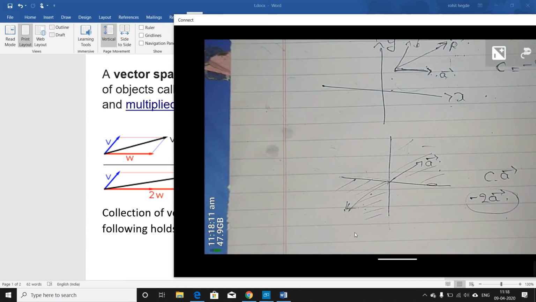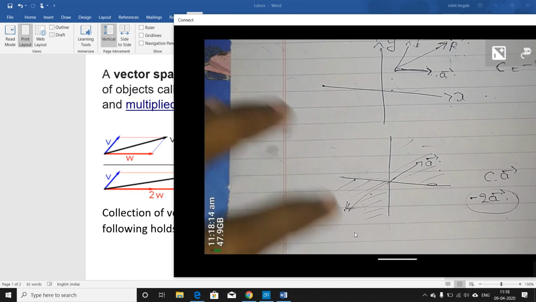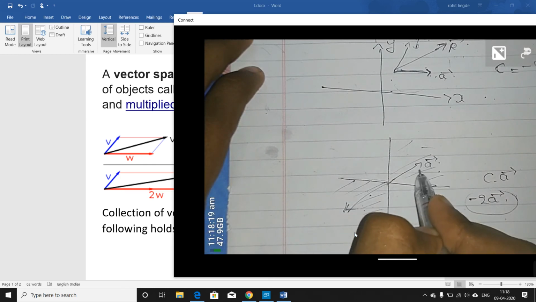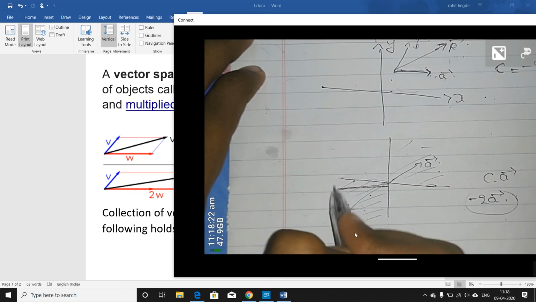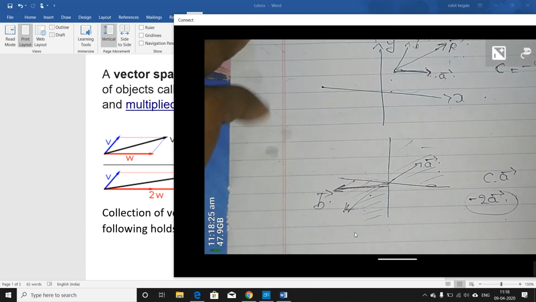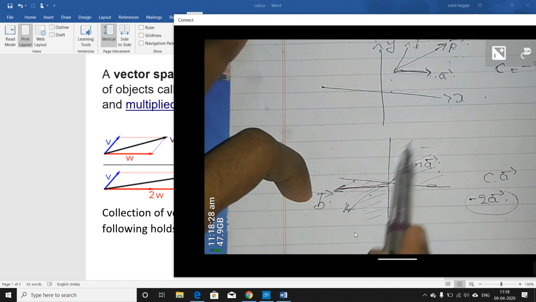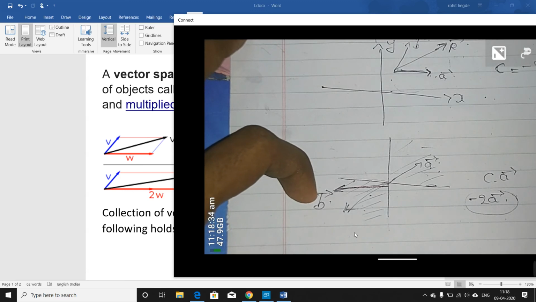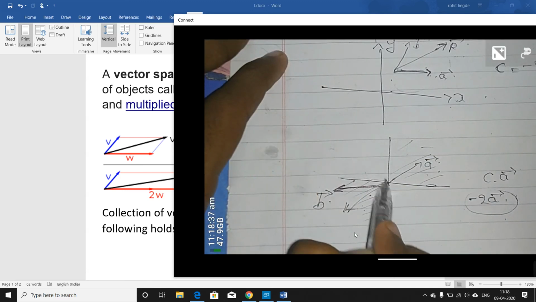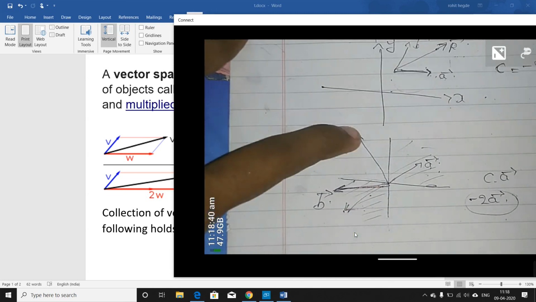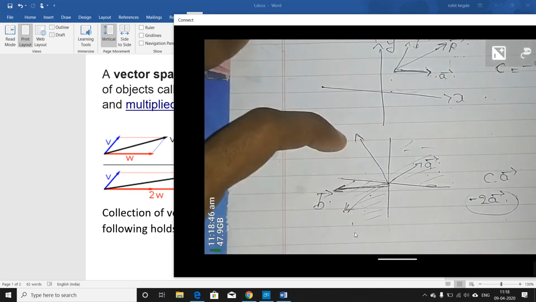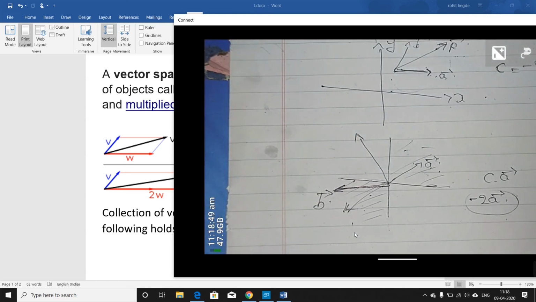But if we think carefully, if I draw one vector a and another vector b, both in the given vector space, and I add these two, I get something like this. This is not in either of these quadrants. So we conclude that this is also not a vector space.